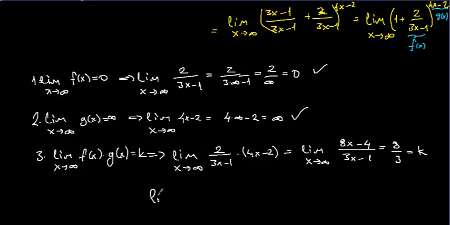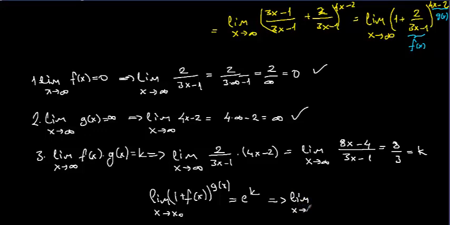And the last part is only we are going to write the value: limit x tends to x0, 1 plus fx to the power of gx, it's going to be equal to e to the power of k. If all these conditions are satisfied, as you see, we checked and all the conditions are satisfied.